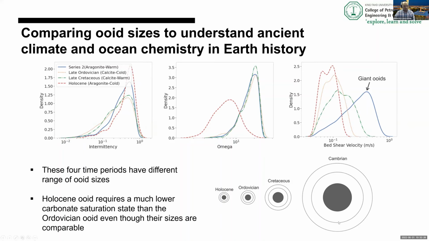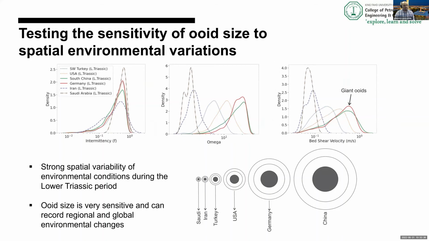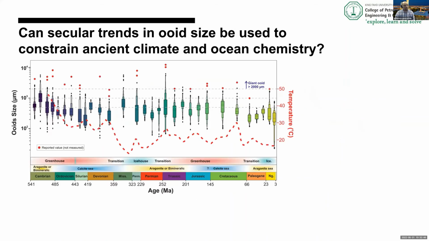As you can see, we have different sizes of ooids across different time scales, and we can see exactly the corresponding parameters there. And the same here, we test the sensitivity of ooid size. Then once you have all these trends, the question is, can we use this to constrain ancient climate and ocean chemistry? And the simple answer is yes.